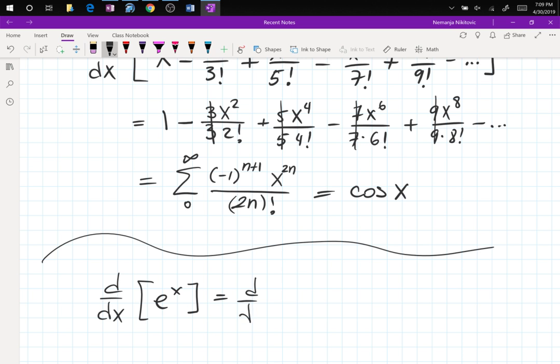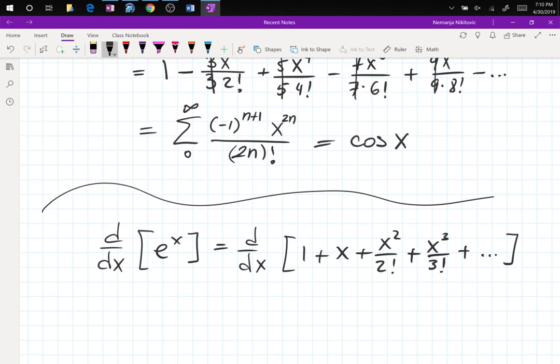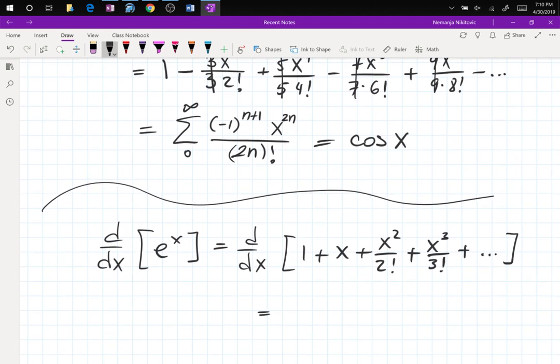That was a good one. So, 1 plus x plus x squared over 2 factorial plus x cubed over 3 factorial plus ... equals, the derivative of 1 is 0, plus the derivative of x is 1, plus the derivative of this is 2 times x divided by 2 times 1, cancel, plus 3x squared over 3 times 2 factorial, cancel.